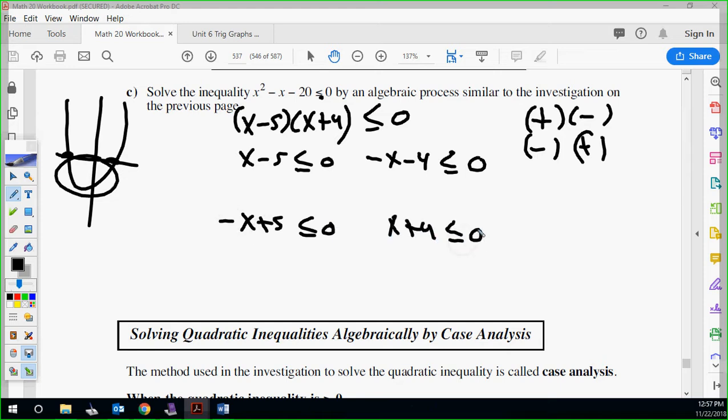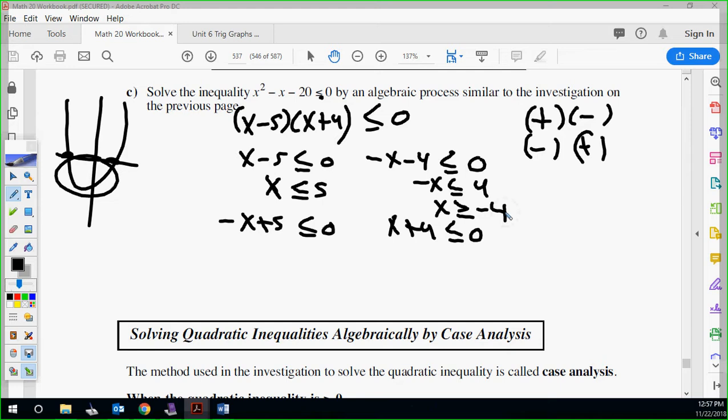So this one's x is less than or equal to 5. Then negative x less than or equal to 4, so x is greater than or equal to negative 4, and we flip there. So there's your first two.